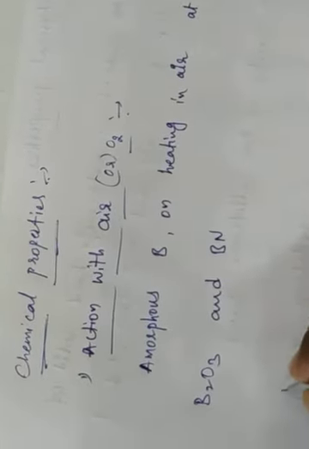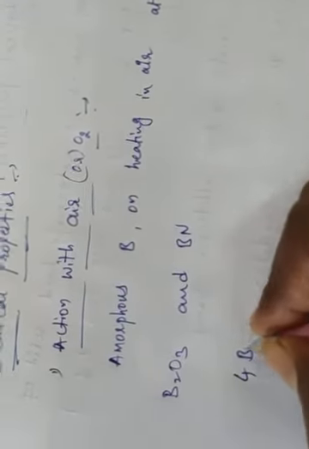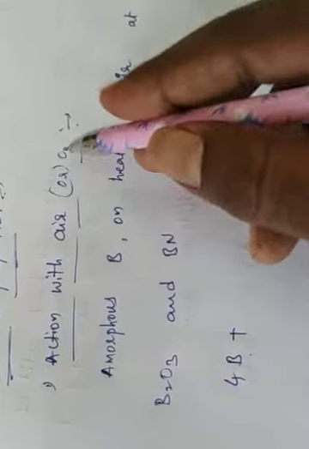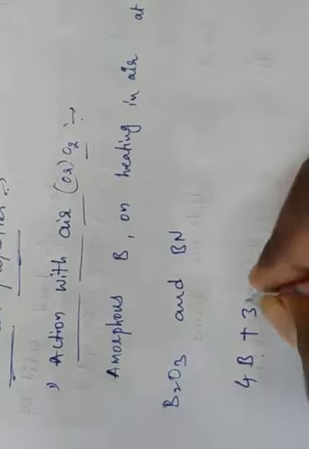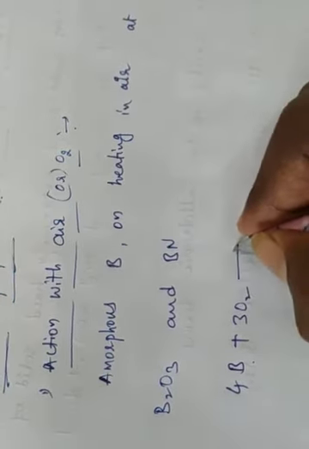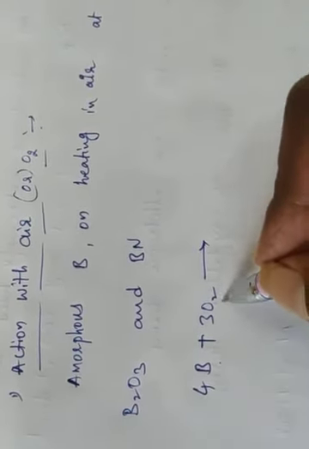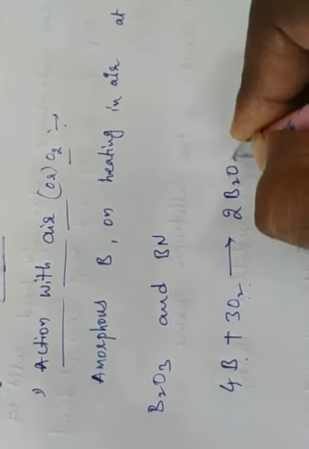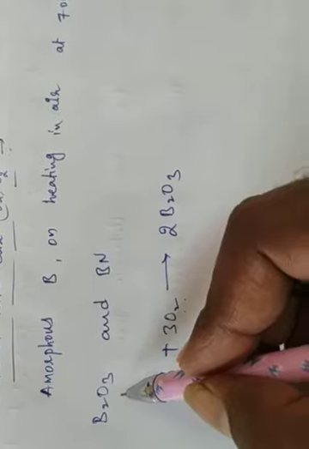Now I will write the reaction. 4 moles of boron reacts with 3 moles of oxygen to form B2O3, boron oxide.